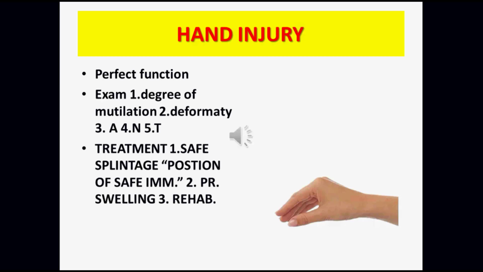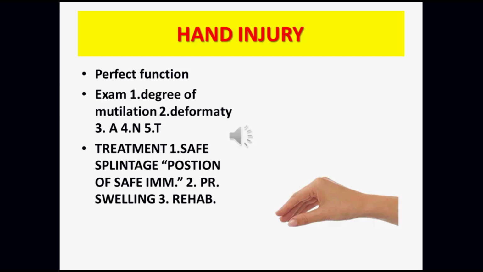The examination of the hand injury includes the degree of mutilation, the deformities that occur, arterial supply, nerve function, and tendon function.